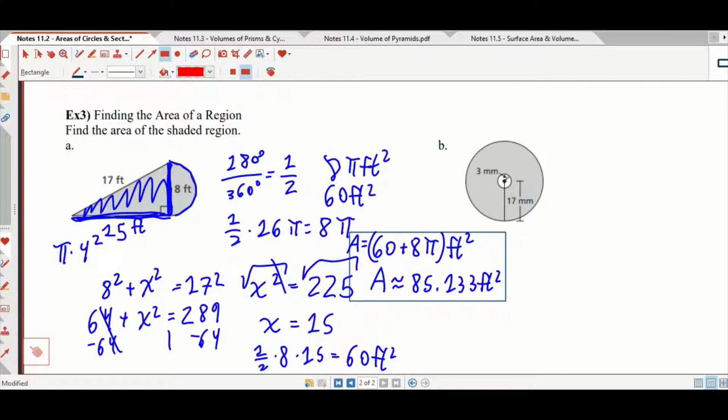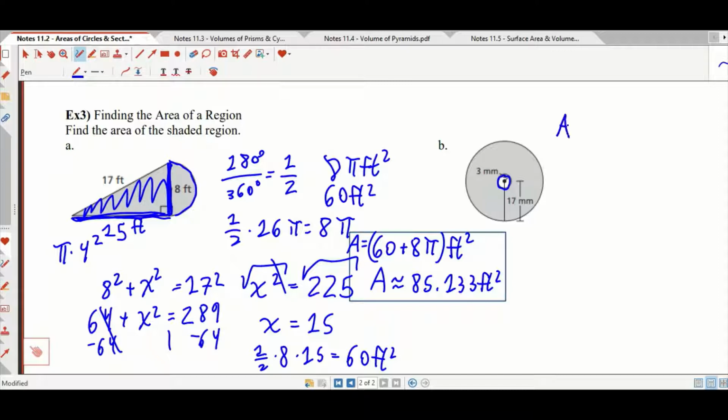And there it is. Okay, so for this guy, honestly, it looks like this has less to do with sectors and more to do with just finding the area of a circle and taking it out. So if you take the area of the big circle and take away the area of the little circle, like you're making a really flat donut, then we're going to be in good shape.